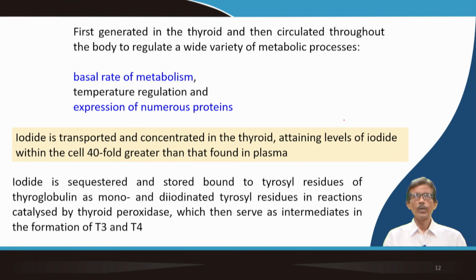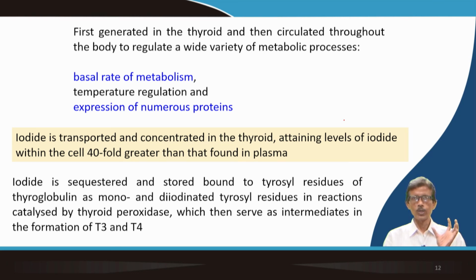That is why, because of the shortage of iodine from our food material, you take iodized salt of sodium chloride. The iodide is then bound to the tyrosyl residue of thyroglobulin. The globulin is a protein, like the globin protein in hemoglobin.